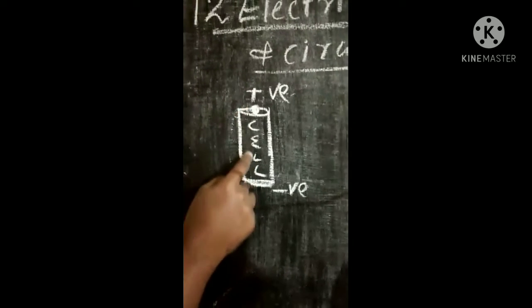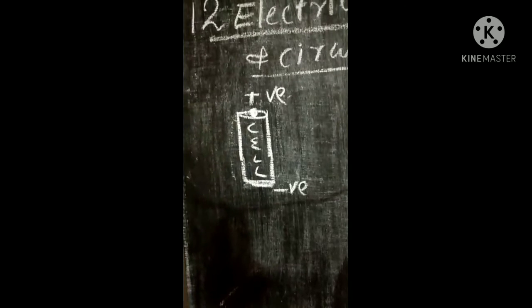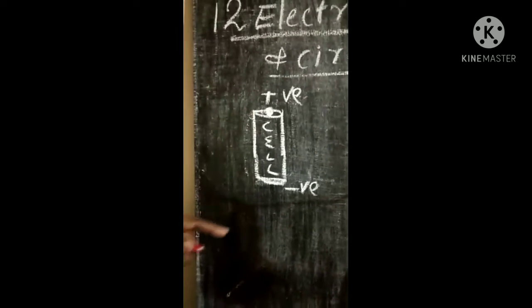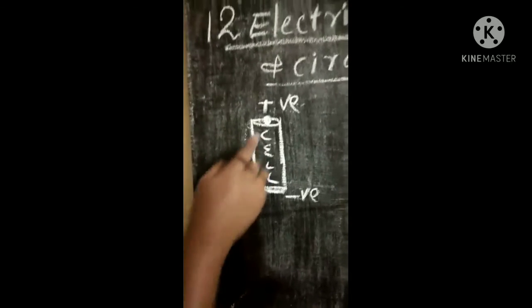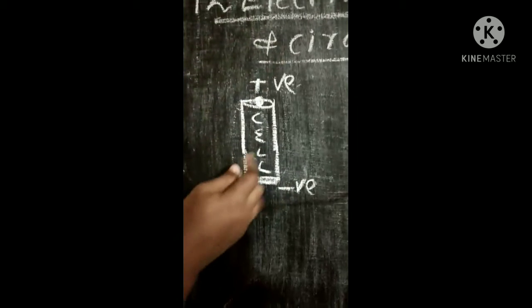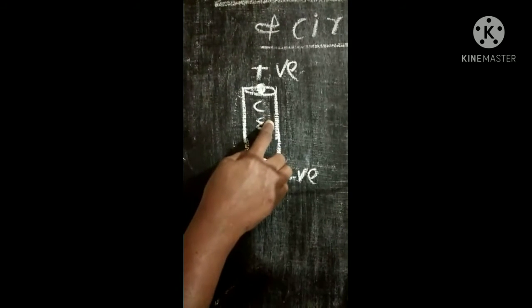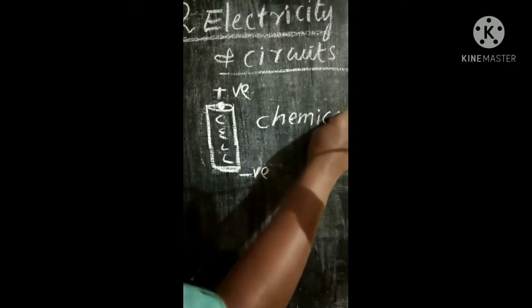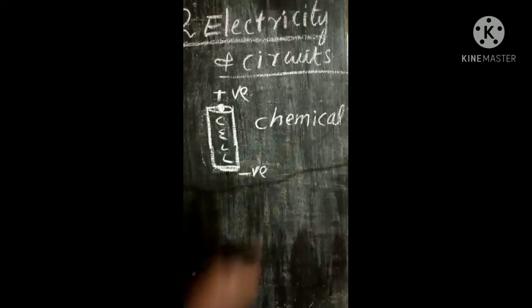Okay, and what is inside a battery? Did you ever think about the material inside the battery? So some chemicals are packed inside the battery. Some dry chemical is closed inside this cell, and that has some chemical energy. So the material inside the cell has some chemical energy.